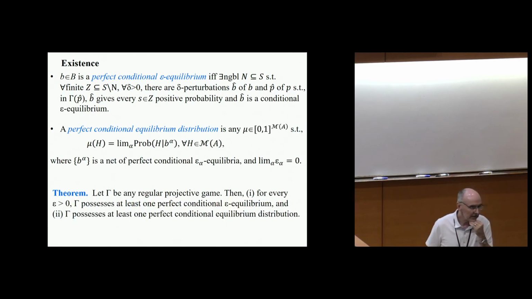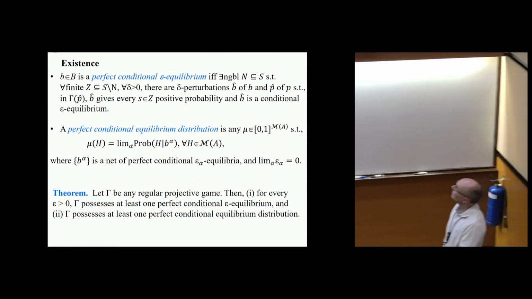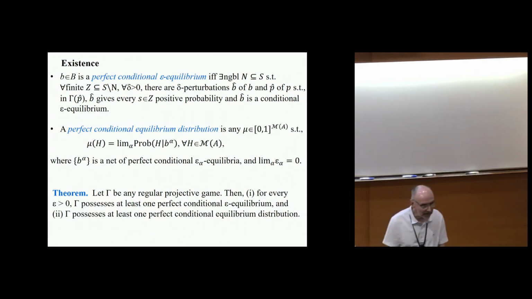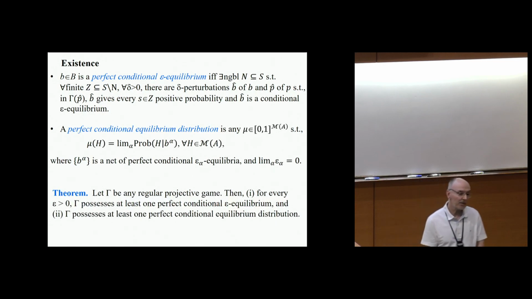The advantage of the projective games is that it makes inferences and perturbing the players' strategies easy. Now, with the conditional equilibrium, there's no perturbation necessary. It's almost just a Nash equilibrium, really. Nash equilibrium is not subgame perfect.